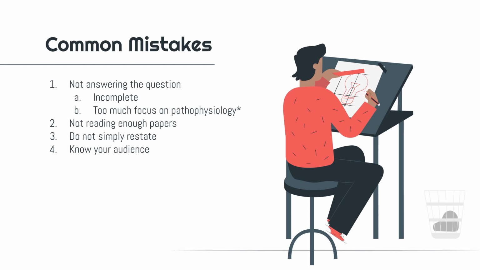And then the third thing is not simply restating. It is a review, so to a certain extent you are trying to summarize the field, but it's also important not to take some of the reviews that you read in the initial bit of your research process and restate everything they're saying.